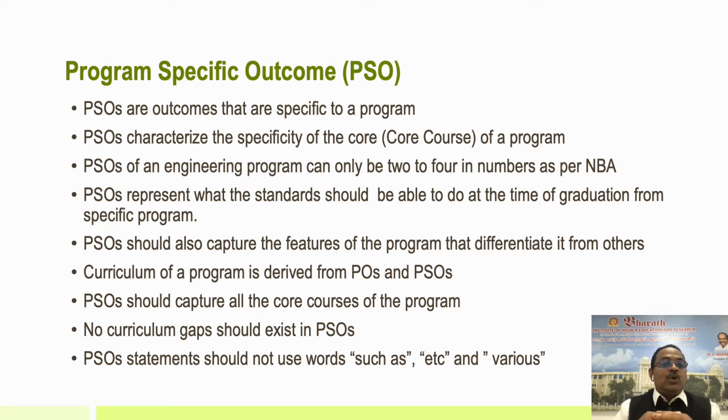The PSOs of an engineering program can only be 2 to 3 in number as per NBA. NBA prescribes a minimum of 2 PSOs or a maximum of 4 PSOs, depending upon the nature of the program.